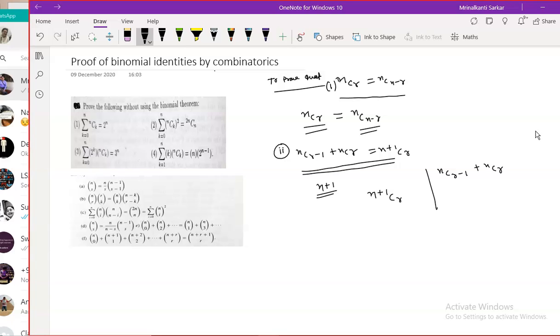Why? He said that consider when you are selecting r people out of n plus 1 people, either you are selecting a captain of the group or not.